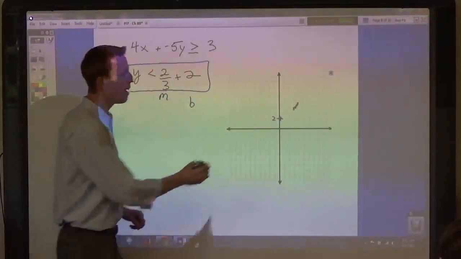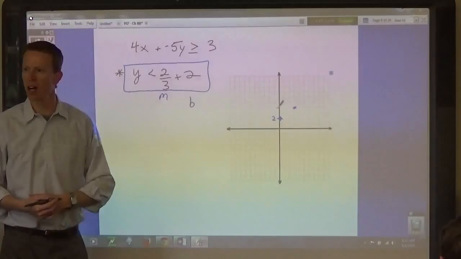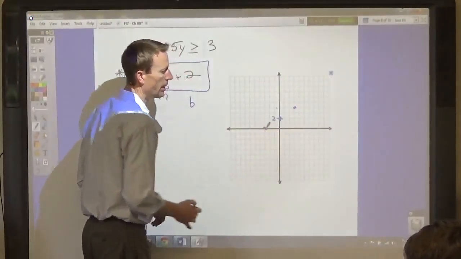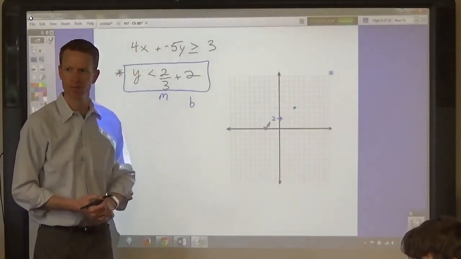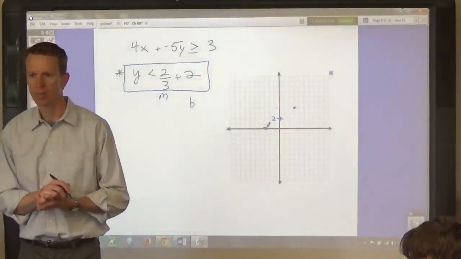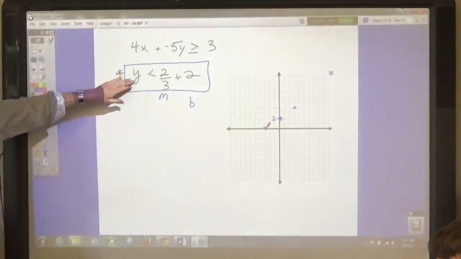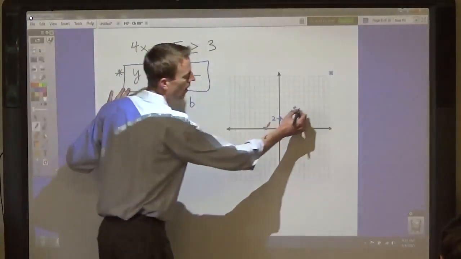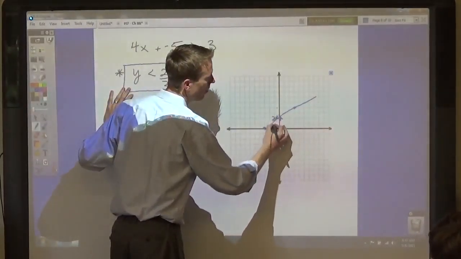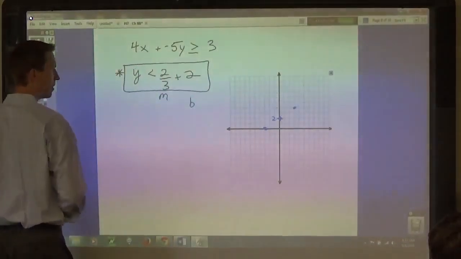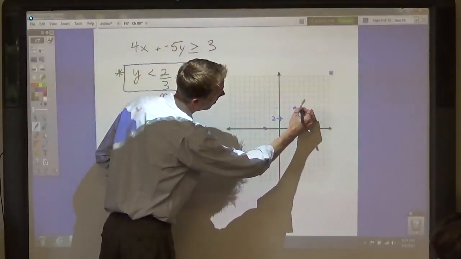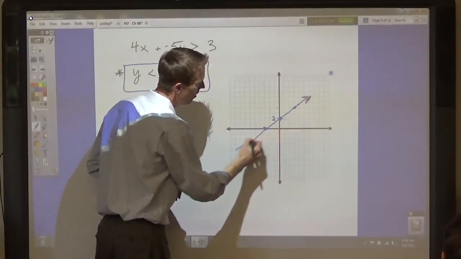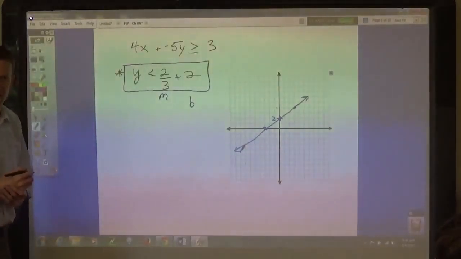Now, once you have these 2 points, you can draw this line, can't you? We could also go down 2 and left 3 to be on the same line, right? Now, when we're graphing an inequality, instead of a solid line, what are we going to do with this line?